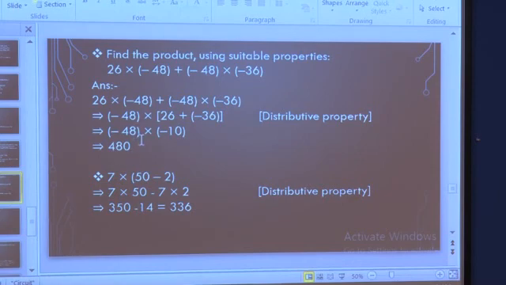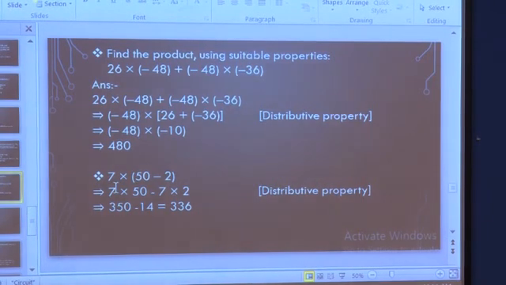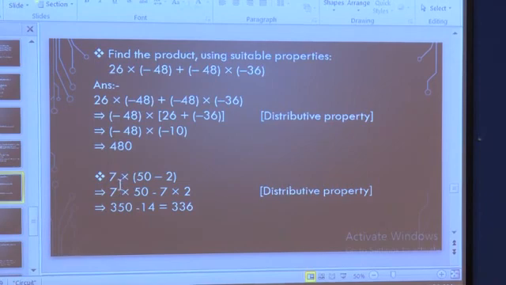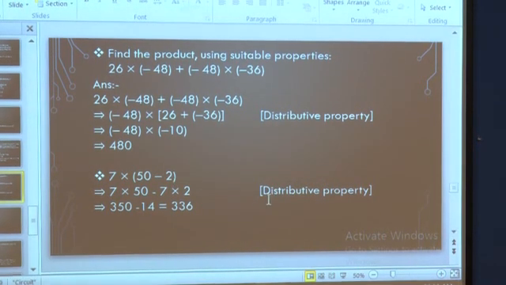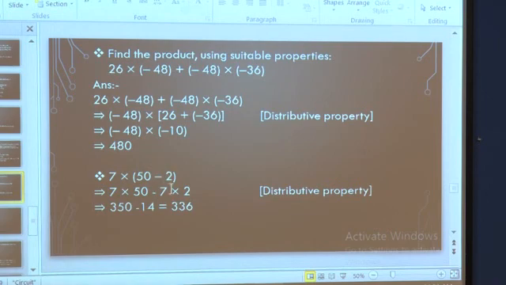This is one example. You can take your own example. I will go for another very easy example, that is 7 multiplied by 50 minus 2. Again it is the distributive property. So, we have to multiply 7 one time to 50 and 7 one time to 2, but our operation differs here, it is a subtraction. So, we will write 7 multiplied as it is.